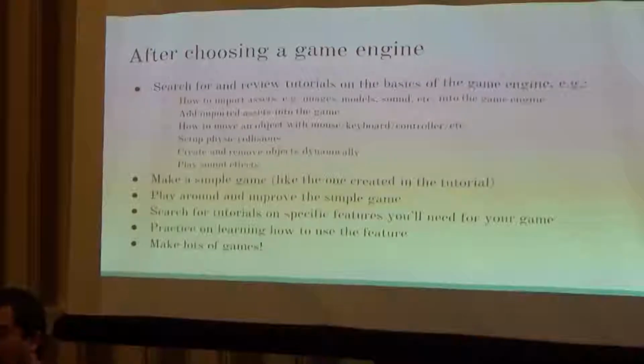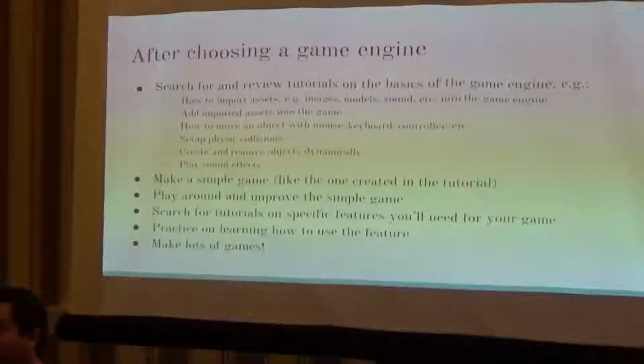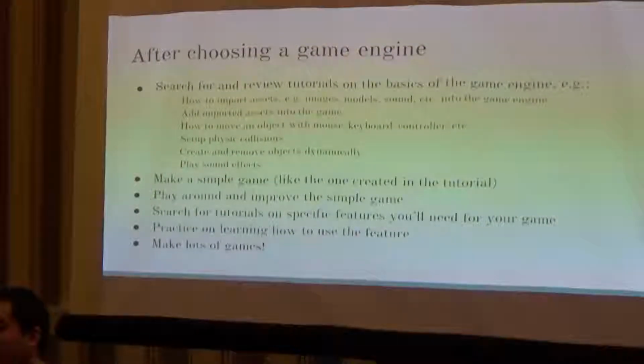Always try different things. Now, obviously, this slide is just a general outline. If you're trying to, for example, make a text adventure game on Twine, you can throw all of these out the window because it's not relevant. But anyways, stuff to search for when you're going through tutorials: how to import assets like images, models, sounds, and so forth into the game engine.